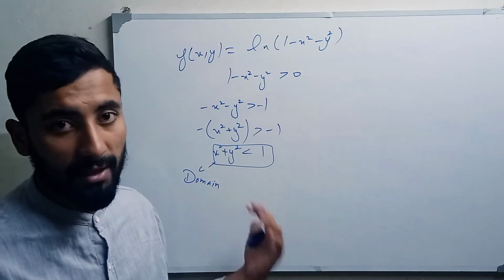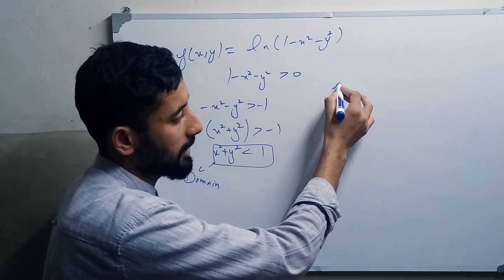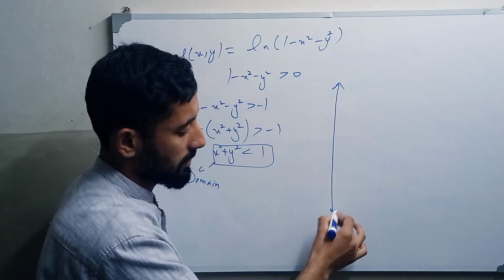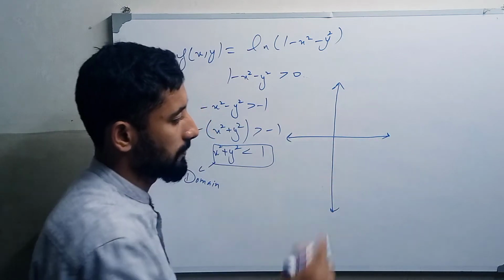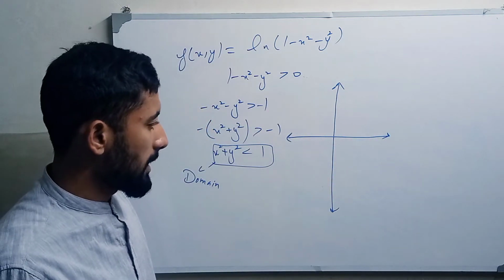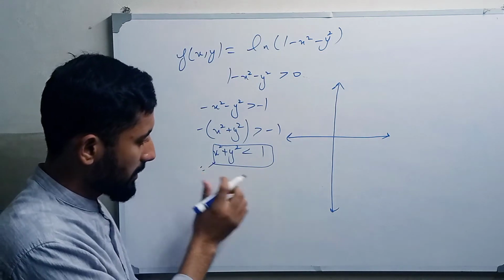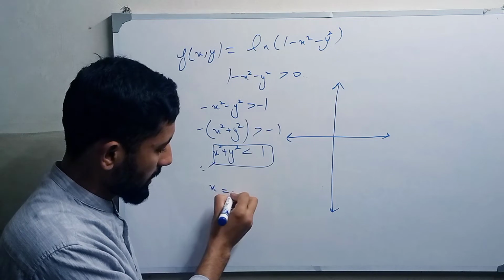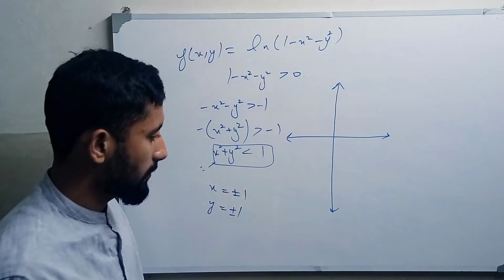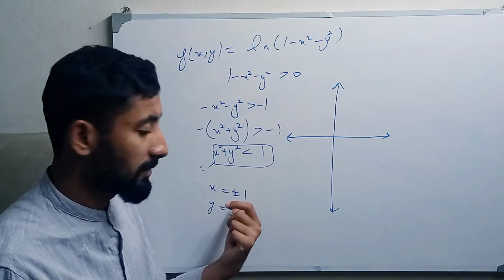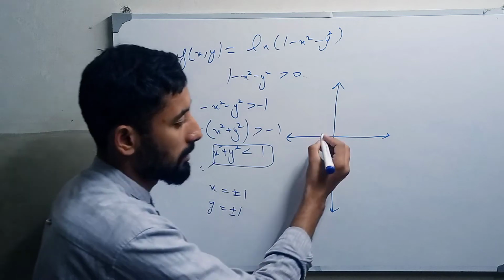Now sketch the graph of that domain. It's the xy plane, so that is x, that is y. Let's solve for the intercepts. When we solve for x, x is equal to plus minus 1, and when we solve for y, y is equivalent to plus minus 1.